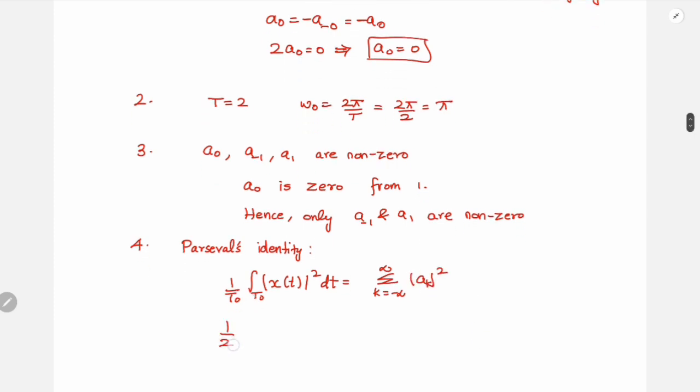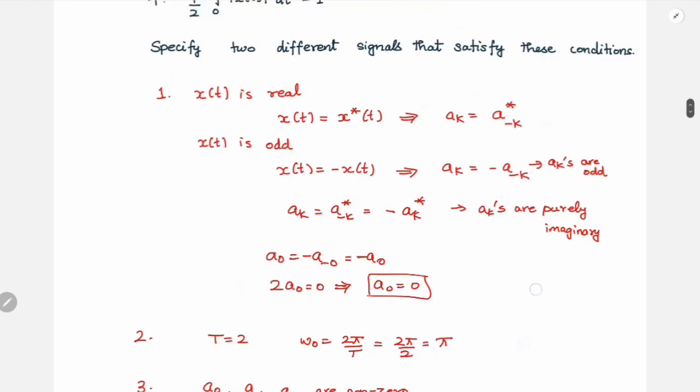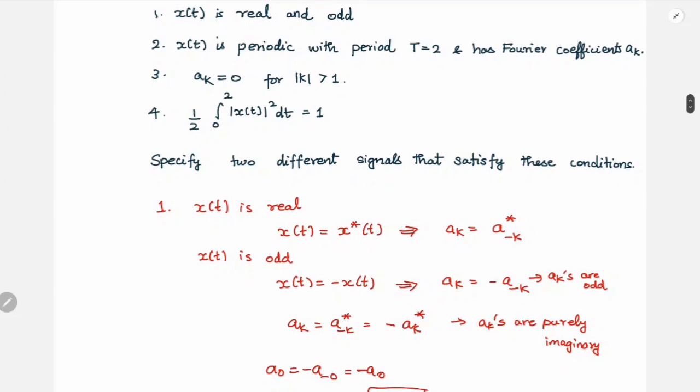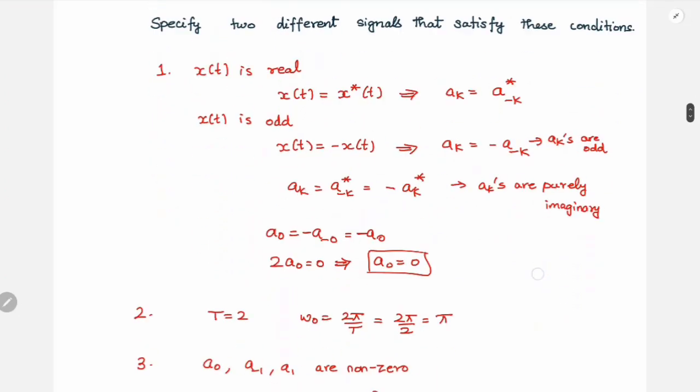So now this 1 by 2 integral 0 to 2 mod x of t whole square dt is nothing but mod a minus 1 square plus mod a1 square, and this is being given as equal to 1, right?